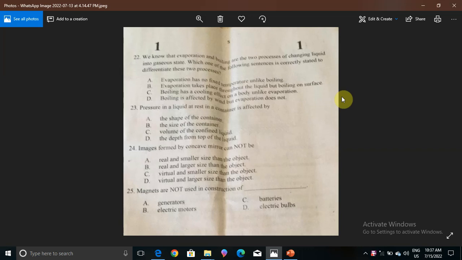Evaporation takes place throughout the liquid but boiling on the surface, or boiling has a cooling effect on a body, unlike evaporation. And D, boiling is affected by wind but evaporation does not. So the correct answer for question number 22 is A, evaporation has no fixed temperature, unlike boiling.